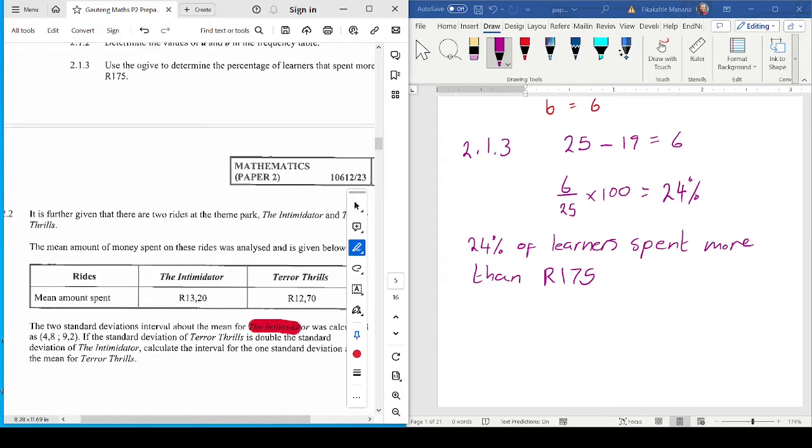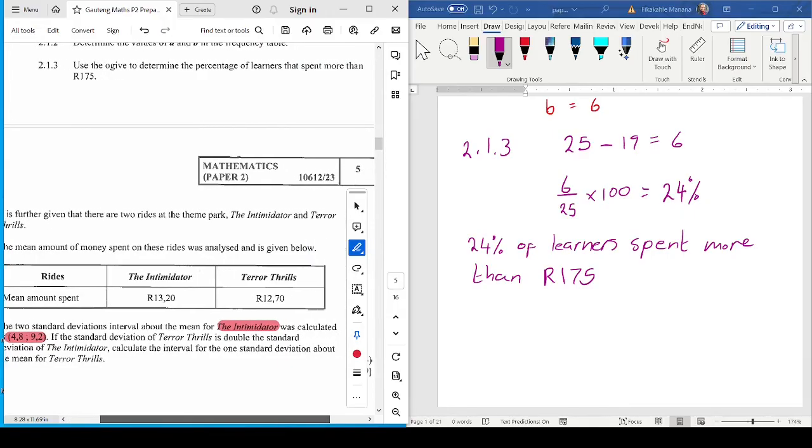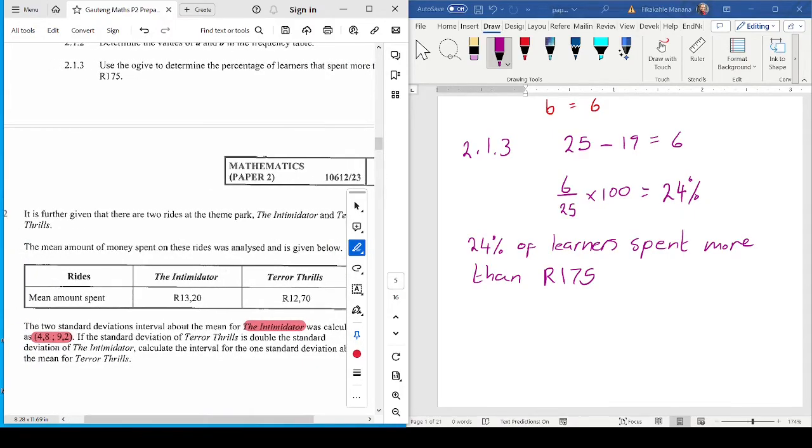This one is strictly for the Intimidator. That is the information for the 2 standard deviation interval about the mean of the Intimidator. So 4.8 is the lower one, 9.2 is the higher one.